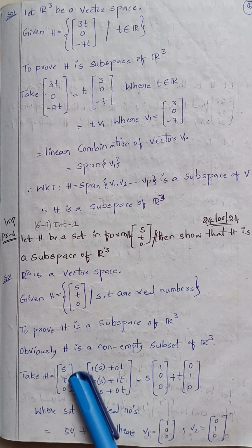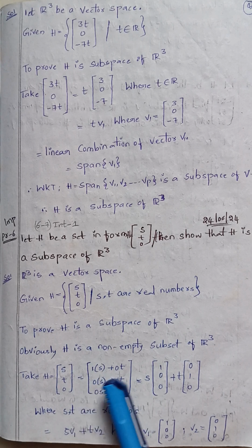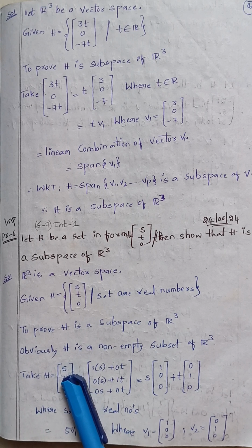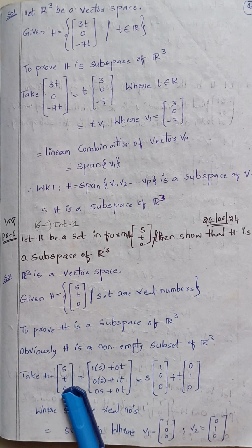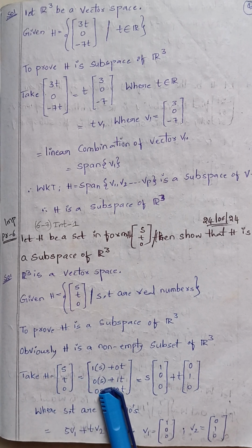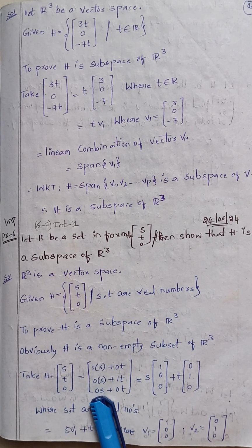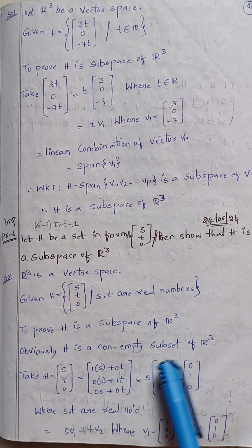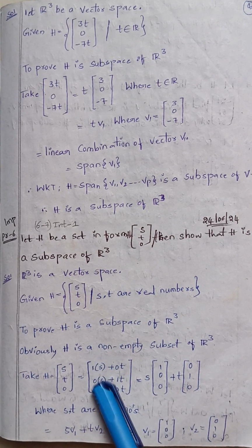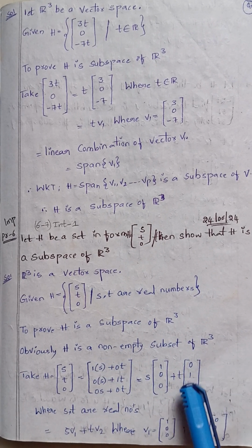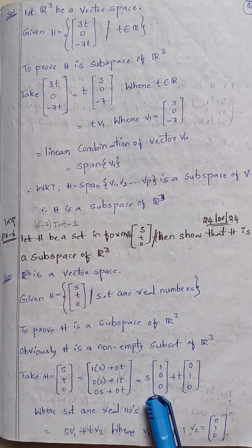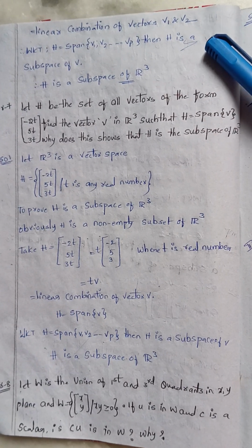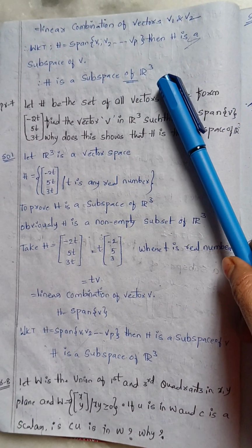Write this S, T, 0 as a linear combination of S and T. Here only S is given, so 1 into S plus 0 into T. In the same way, here only T is given, so 0 into S plus 1 into T. Here 0 is given, meaning 0 into S plus 0 into T. When you write it like this, it is easy to find the vectors. Take S common, then the entries, then T common, then the coefficients. Now it is a linear combination of S and T, where V1 is the first vector and V2 is the second vector. So it is a subspace of R3.